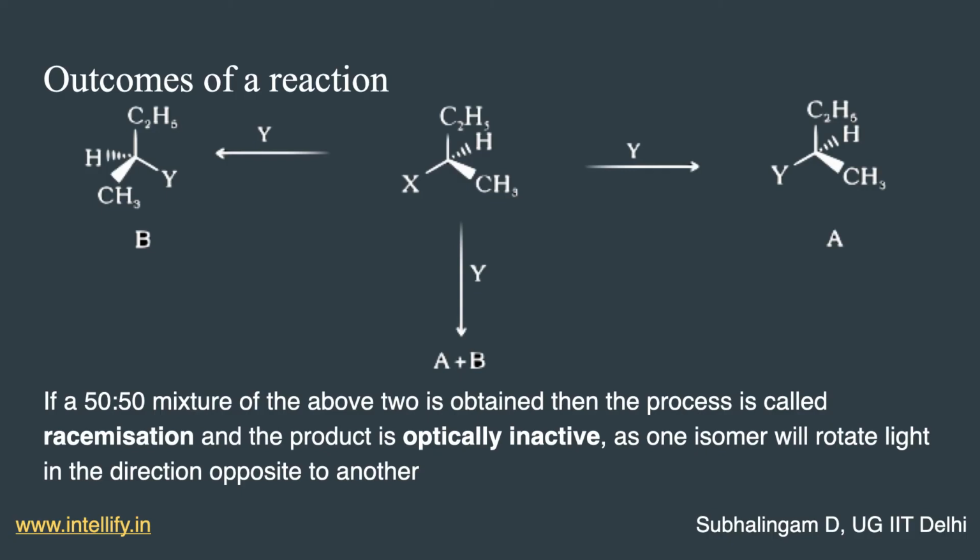That is, the two isomers will rotate the light in opposite directions, and since we have equimolar concentration, the optical activity will be cancelled. And this phenomenon is termed external compensation. Why external? The optical activity is cancelled by two different compounds, not by a single compound itself. So it's called external compensation.